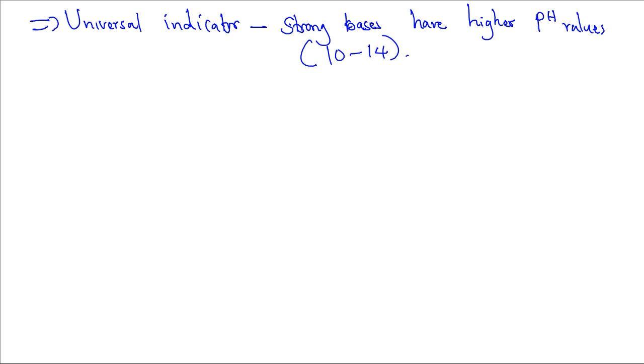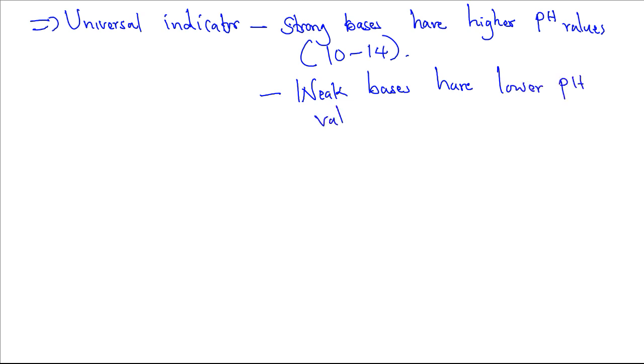So the higher the number of hydroxide ions, the higher the pH value, and that is why sodium hydroxide, which is a strong base, has a pH value above 10. Weak bases have slightly lower pH values, that is between 7 to 10.